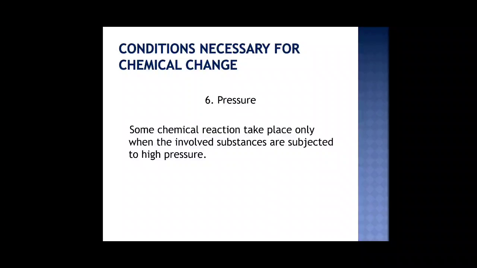So when we have gases reacting, we need to subject them to mostly high pressure. The most common example here: nitrogen plus hydrogen at about 200 atmosphere pressure gives you ammonia gas. So pressure is one of the conditions necessary sometimes for some reactions to take place.